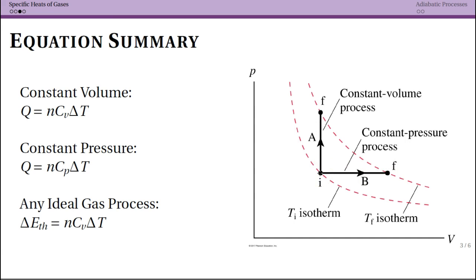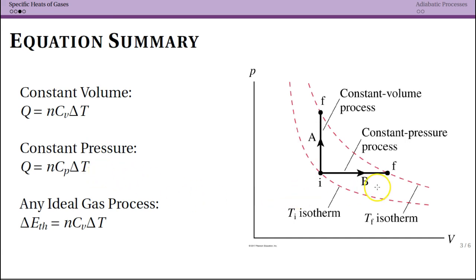So if we actually wanted to relate our thermal energy to what's happening here, our thermal energy in this constant volume process is only determined by Q. Our thermal energy in this constant pressure process actually involves both work and Q. So when you think about it that way, it isn't surprising that these are two different equations.